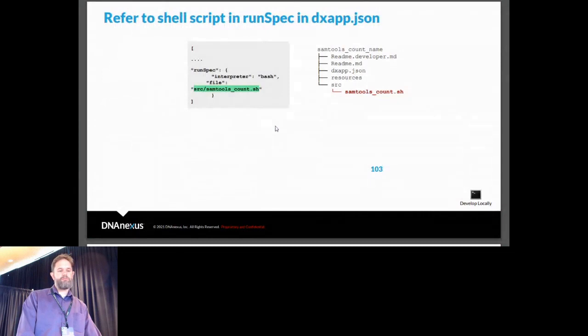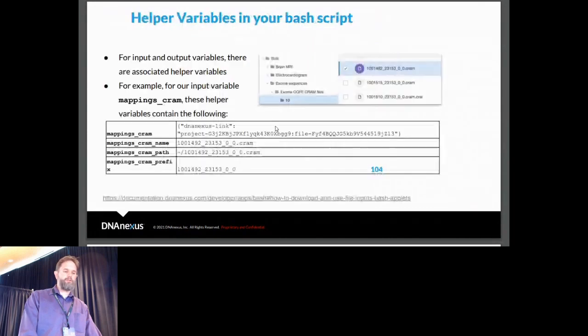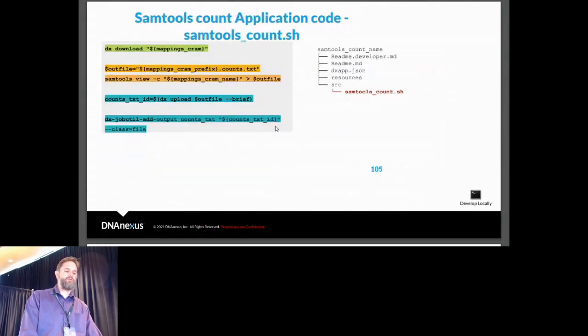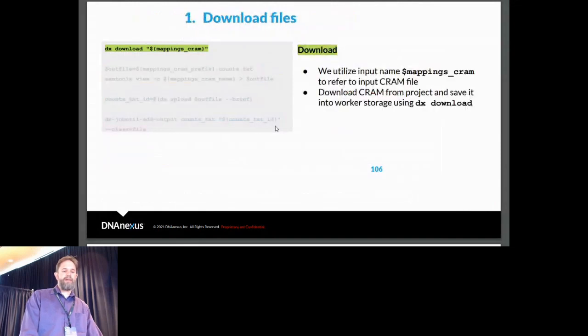So here you can use bash scripts and so forth. That's really nice. You can also call other scripts, call your own scripts. There are some stock helper variables. That's super nice. And basically what it does, you're downloading the files.